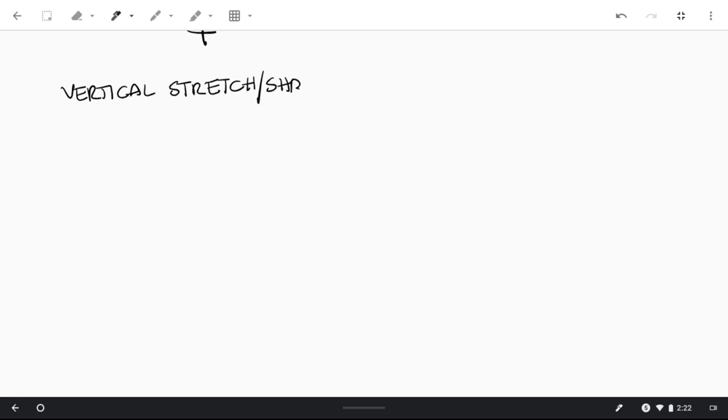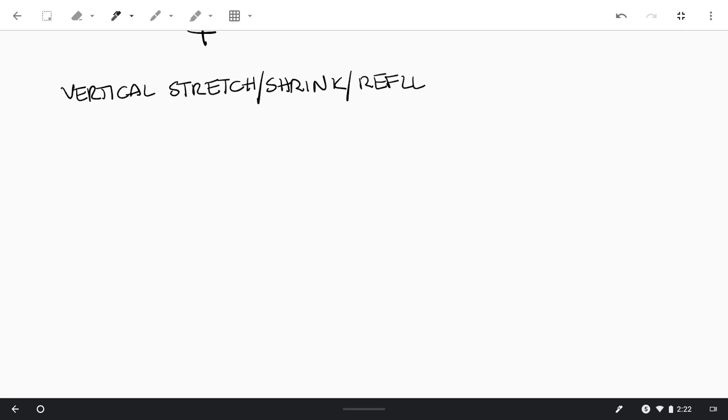The other transformation we're going to look at is a vertical stretch, or it could be a shrink, depending on the number. Or it could be a reflection, depending on the sign.